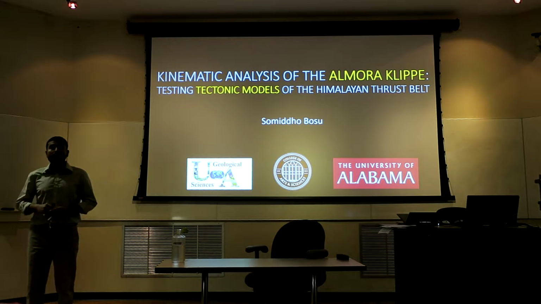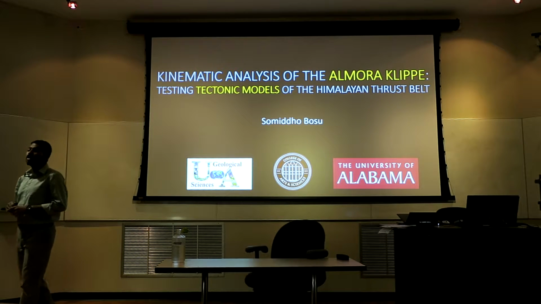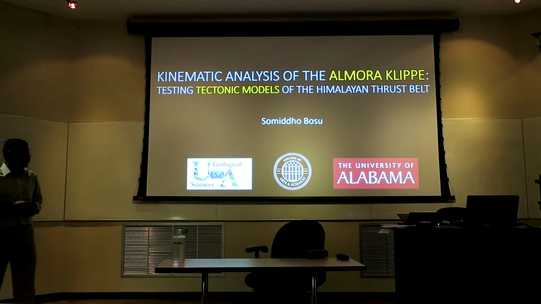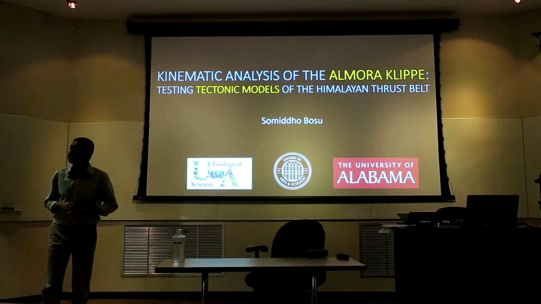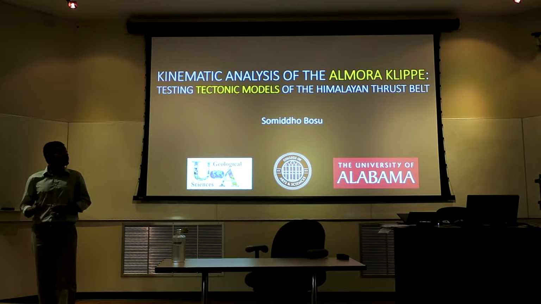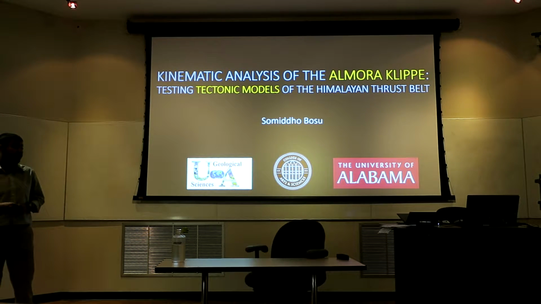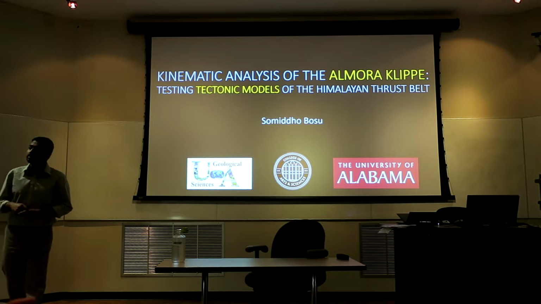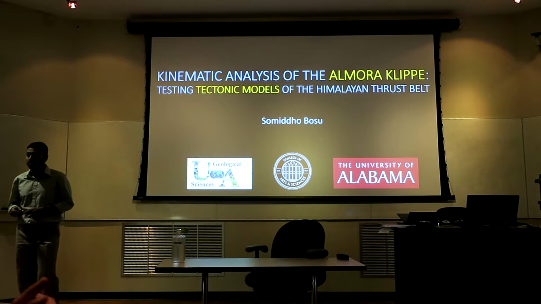Now, the tectonic models generated in the Himalayan orogenic belt are very important because not only are these used all around the world to interpret the geological evolution of similar orogenies, but they are also used to answer basic questions pertaining to the processes of tectonism, for example, climate-orogeny interactions and crustal growth in orogenic settings and so on.